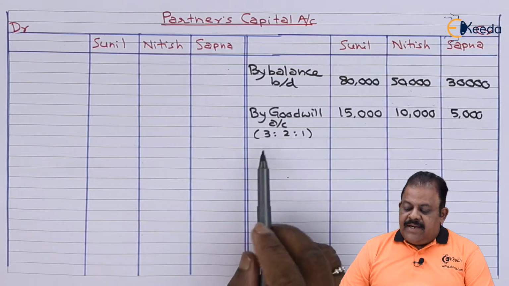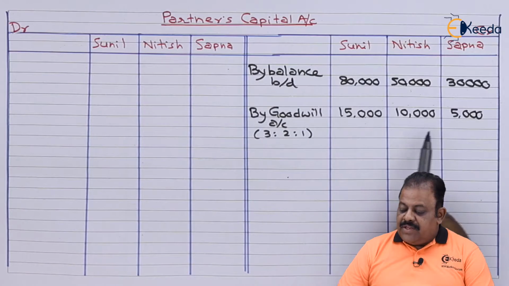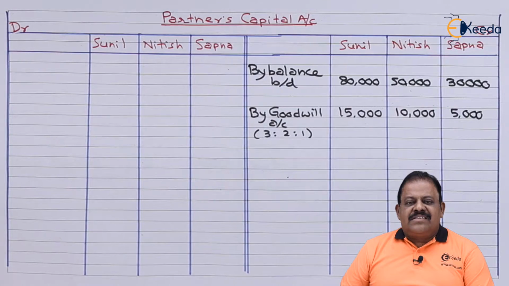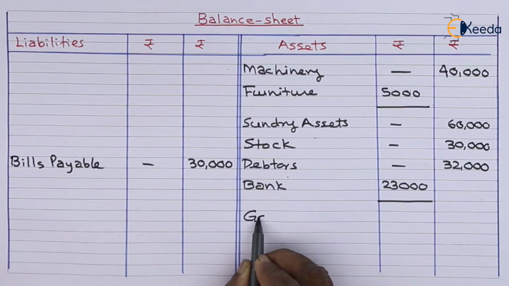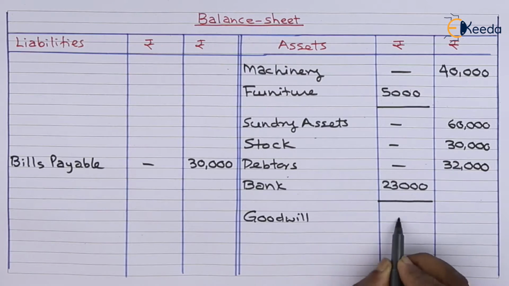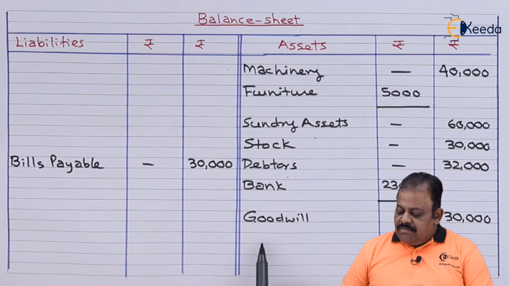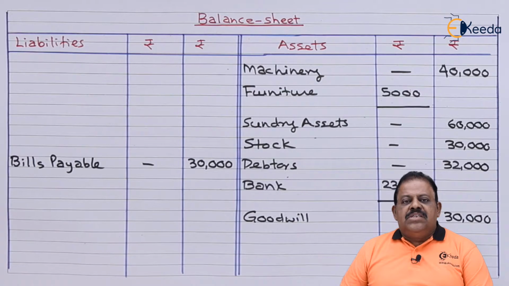Partners capital account credit by goodwill 15,000, 10,000, 5,000. This will have another effect: in the balance sheet asset side, goodwill will be recorded as a new asset, 30,000.